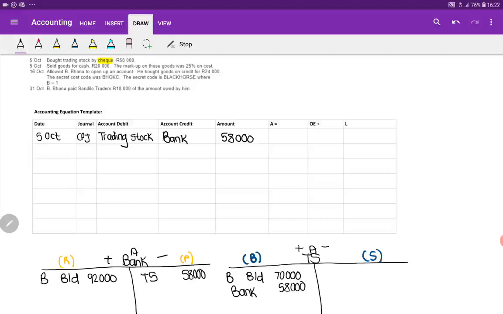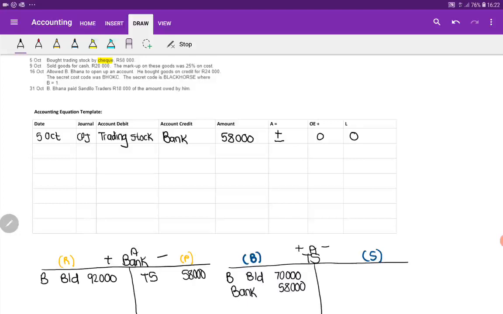If there's a column for the amount, you only need to write plus and minus under assets, owners' equity or liabilities. So if trading stock is an asset and it was debited, our trading stock will increase, our assets will increase. If bank is an asset and the bank account was credited, it means our assets will also decrease. Nothing happened with owner's equity. Nothing happened with my liabilities.